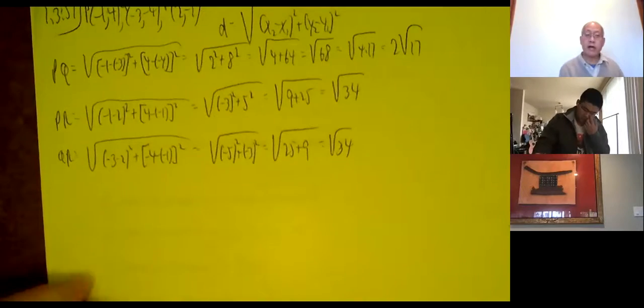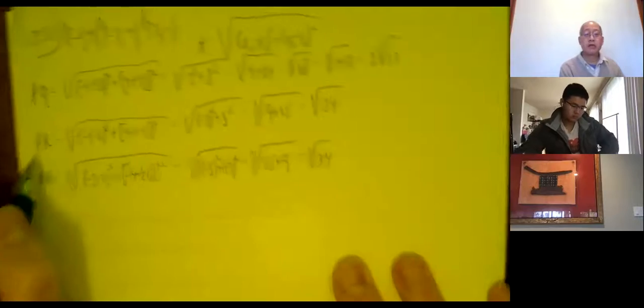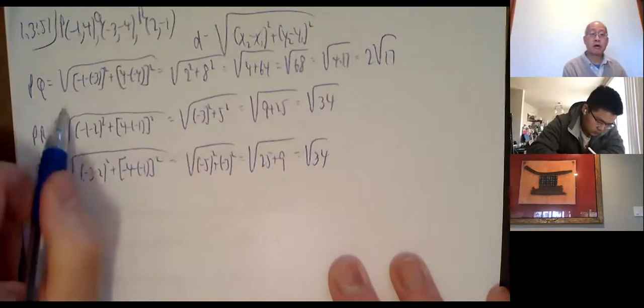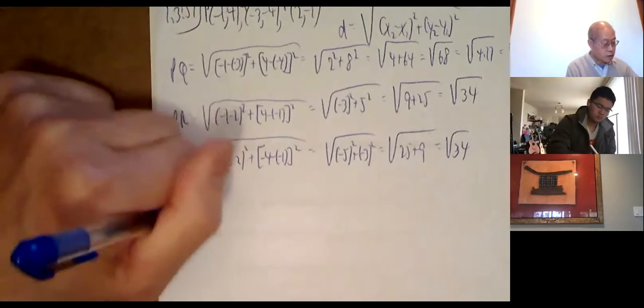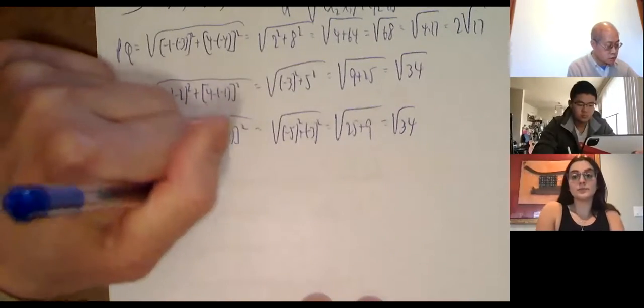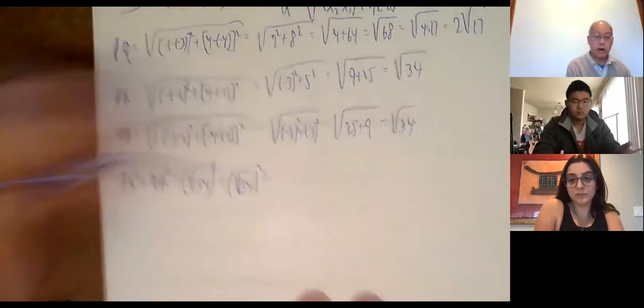Show that you have a right triangle. That means a squared plus b squared equals c squared. It looks like the square of PR plus the square of QR equals the square of PQ. So radical 34 squared plus another radical 34 squared.